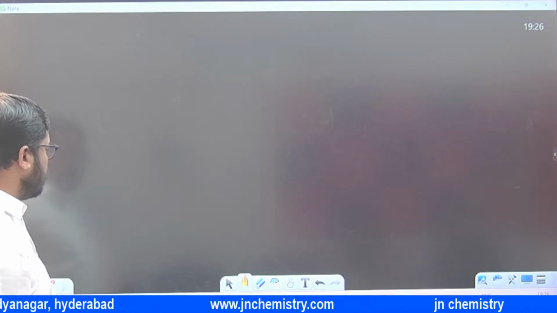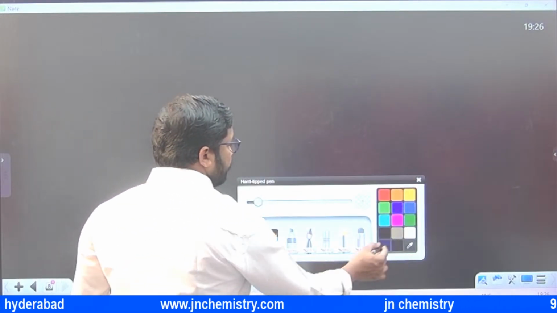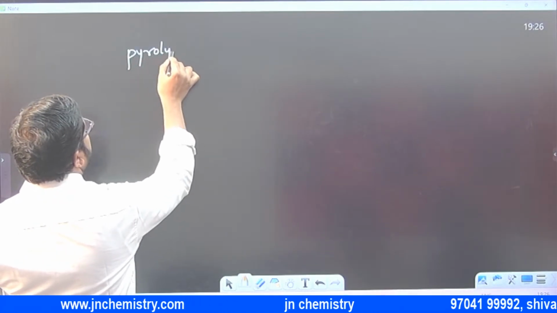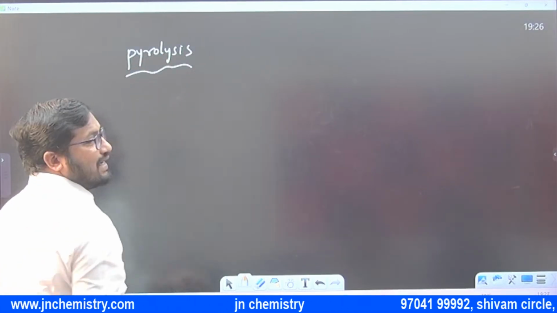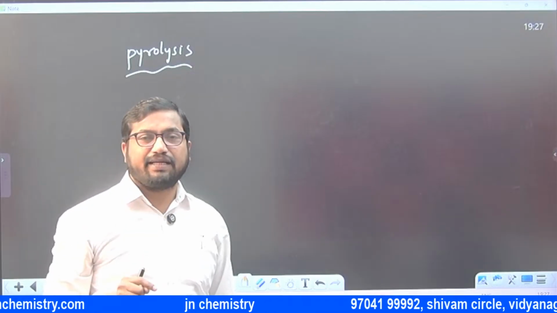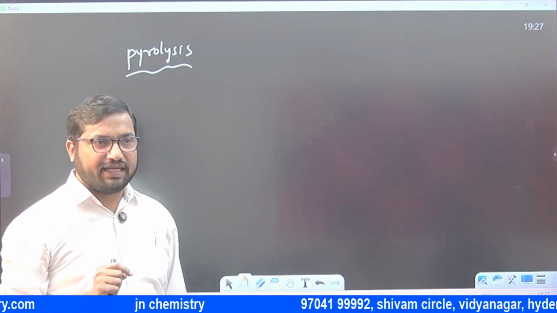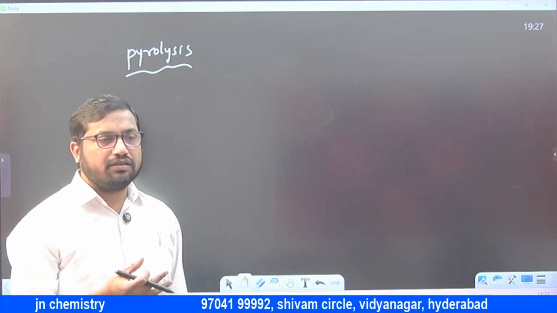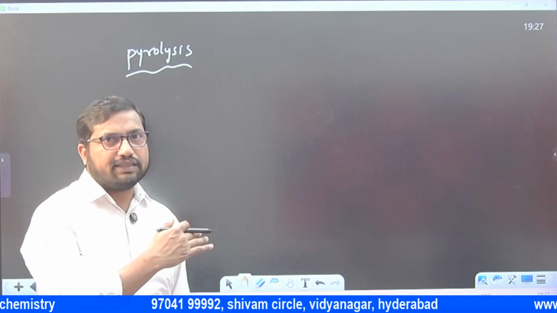Next, Nana, pyrolysis from esters. Pyrolysis is cracking, which I explained, where alkanes, in the absence of oxygen, when we are heating, we'll get lower alkanes as well as alkenes.